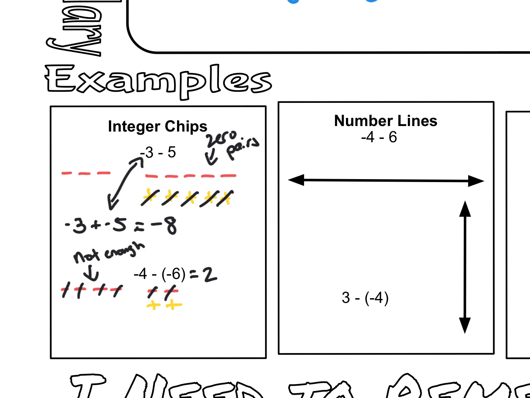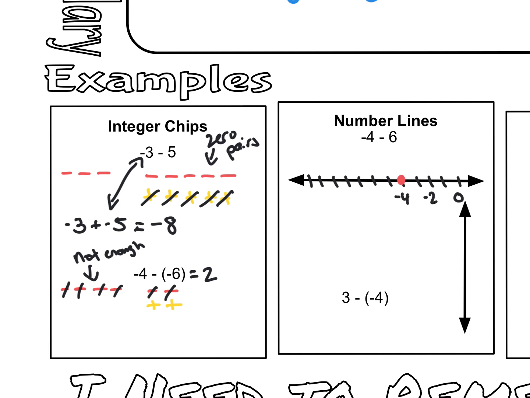Another way you can do this is with a number line. I'm going to section off my number line. Since I have -4, I'm going to put 0 here, and then add our -4 to the line, counting back -2, -4.